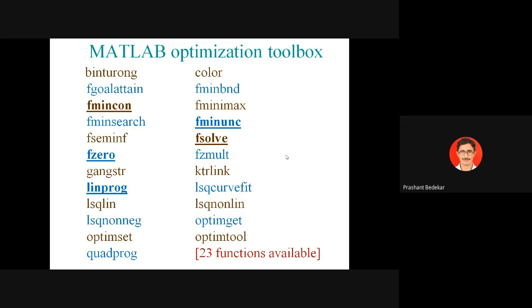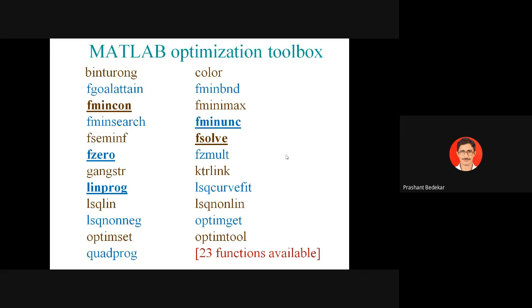And the other thing, okay, so this is true for linprog, it is true for fminunc, it is true for fmincon, for all. fminsearch, whatever you use, it considers that the function is to be minimized. The second thing you have to keep in mind, see why I am telling you, because what I said is that if you have got a tool, you should know how to use that tool.